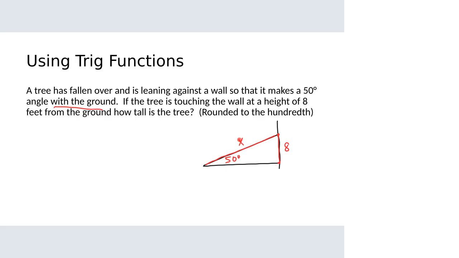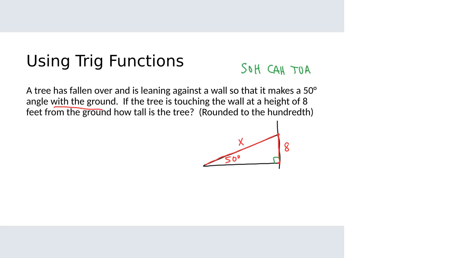We can call it X. We could call it anything else, but I'll just use X. Now I step back for a minute and go, hey, that's a right triangle. If I knew two sides, I'd use the Pythagorean theorem, but I don't. I know a side and an angle, so I'm going to use trig. So I'm going to use SOHCAHTOA to figure out which trig function to use.